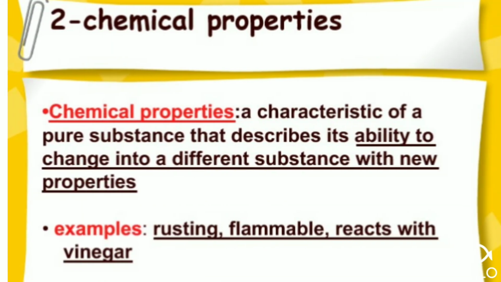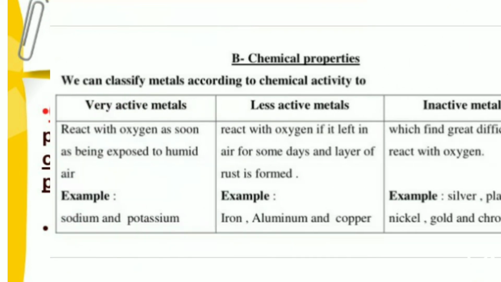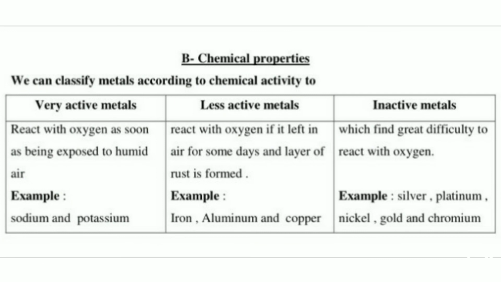Let's learn about chemical properties. It is the ability of the substance to change into a different substance with new properties during a chemical reaction, such as rusting, reacting with any material. We classify metals according to that into very active metals, less active metals, and inactive metals.